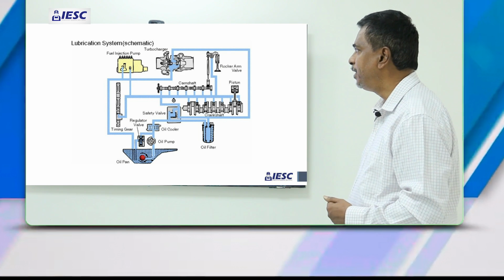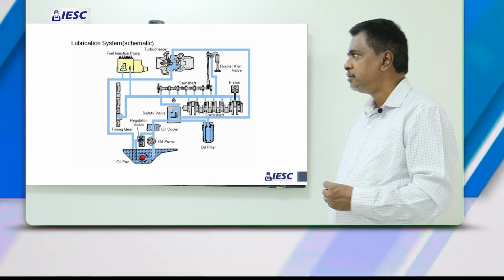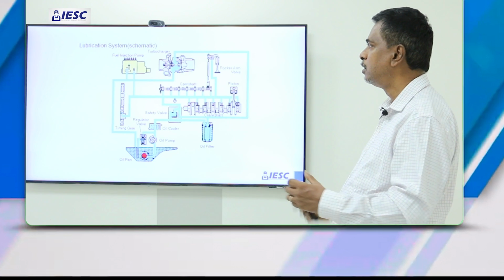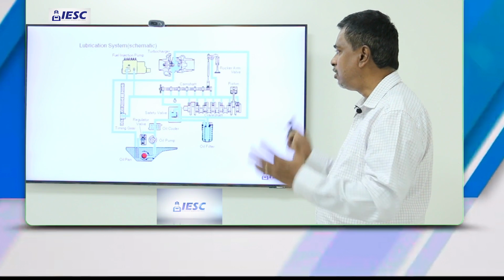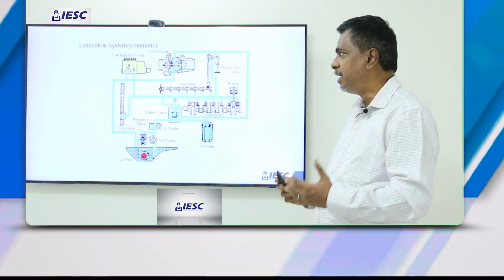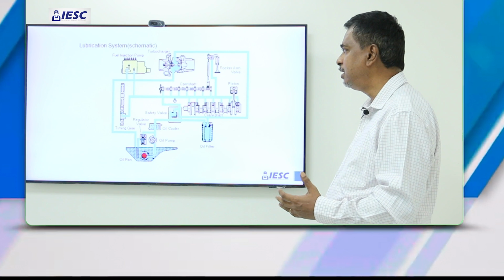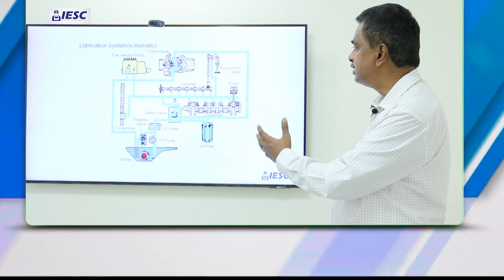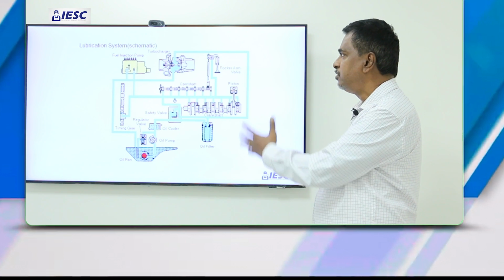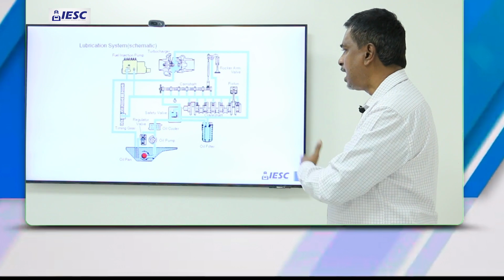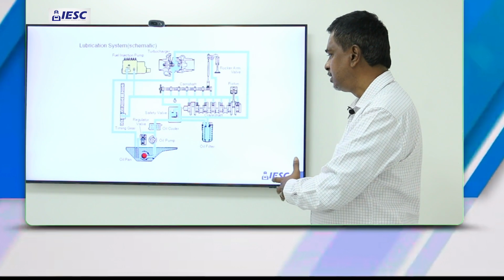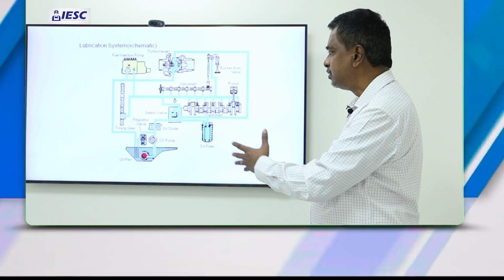Now we will see the lubrication system of the engine. There are a lot of moving components in the engine, so it needs lubrication to run smoothly. You can see the components: the fuel injection pump, turbocharger, camshaft, crankshaft, and the timing gear.